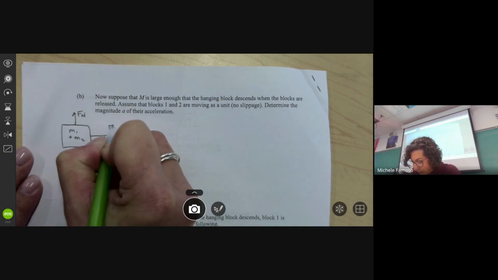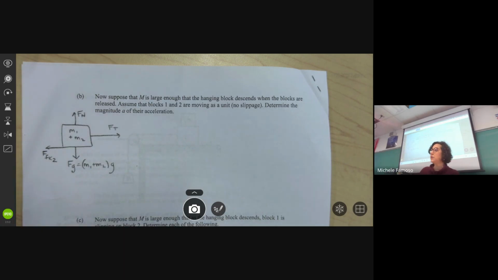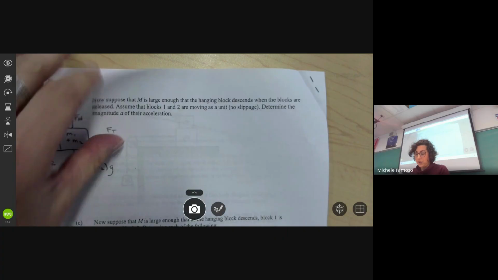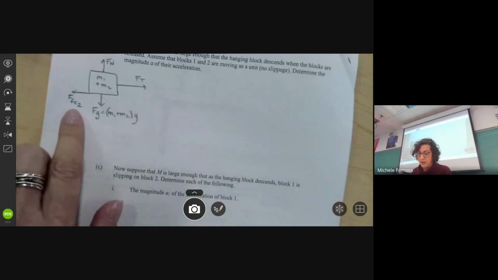The tension would be pulling to the right. That force now of kinetic friction would be acting against the bottom surface, pulling them to the left. Again, with the tabletop, that's surface 2, right? If I look back here, the tabletop has the 2's, so I'm labeling that 2.